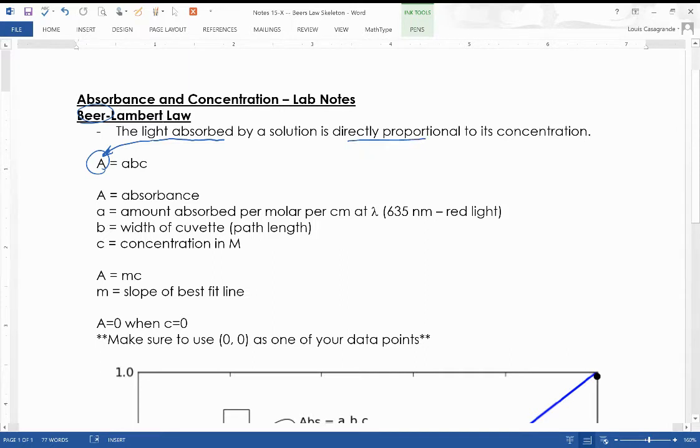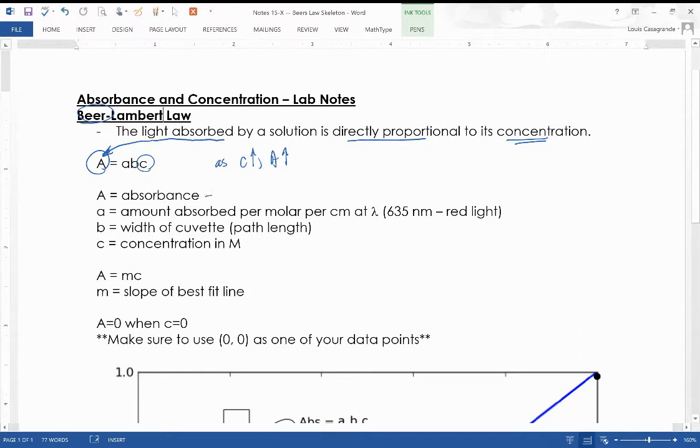Now, remember, that means they both move in the same direction to its concentration. And the concentration we're going to call C in terms of moles per liter, or molarity. So basically, this is saying that as the concentration goes up, the absorbance goes up, and vice versa. If one goes down, the other goes down as well.